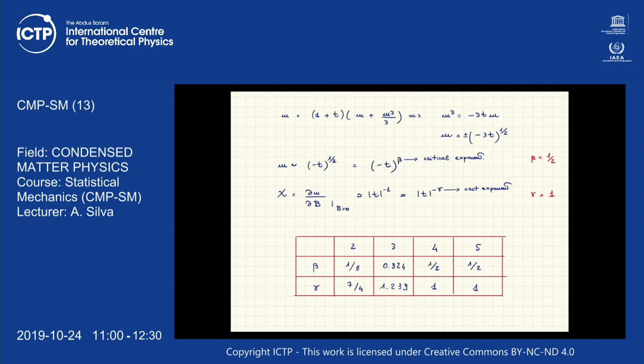Okay, so above 4 dimensions, for the Ising model, you always get the mean field results for the critical exponents. So that's why for the Ising model, 4 dimensions is called the upper critical dimension.